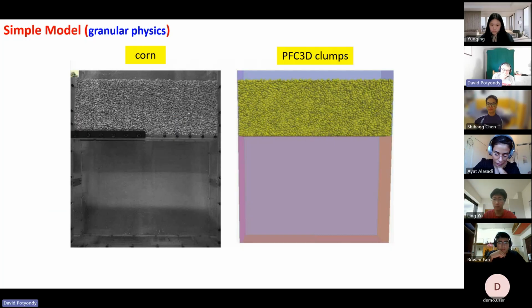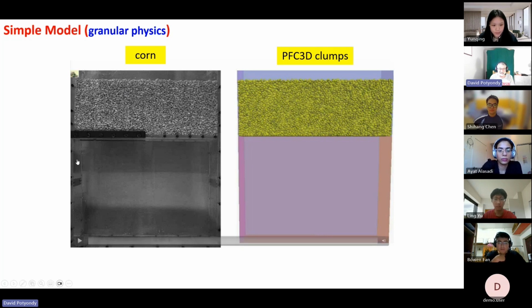So here's an example, now this is a bin flow. These guys want to understand how material flows out of hoppers, for example. And this is corn. The length scale here is about 1 meter. And this is a laboratory experiment, and there's a plexiglass plate in the front so we can see through it. This is corn, like corn that you eat, so that's like 5 millimeter grains.